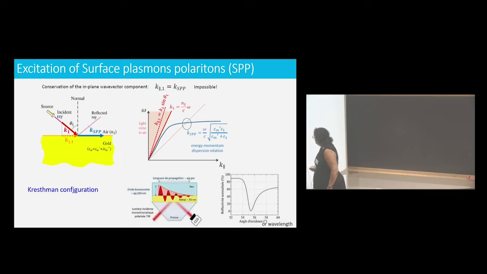For example, if you take 90 degrees, you are in the case for which k parallel is equal to k1, which is here. But when you diminish the angle of incidence, you see that your line is going like this. And here you have the plasmon dispersion relation, and you see that you have no crossing here. So that means that if you just take a propagating wave like this, and you illuminate the surface of the metal, you have no plasmons.